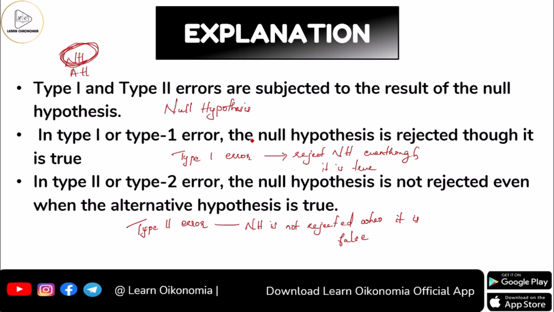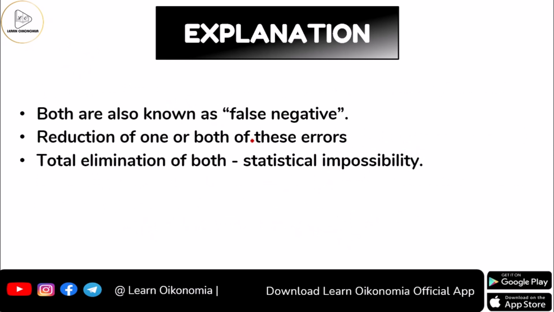Okay. So let's discuss more about it. Both type 2 error and type 1 error, we consider these as false negative. And both type 1 error and type 2 error would be causing one or the other problems. And that is why researchers would be trying to reduce at least one of these errors. It is not possible to eliminate both the errors simultaneously because that is always considered to be a statistical impossibility, which is not possible at all.